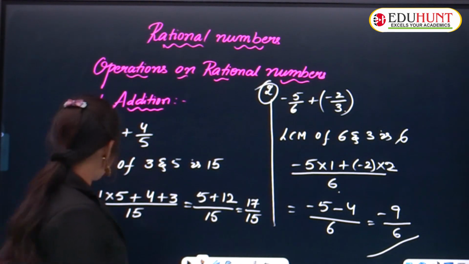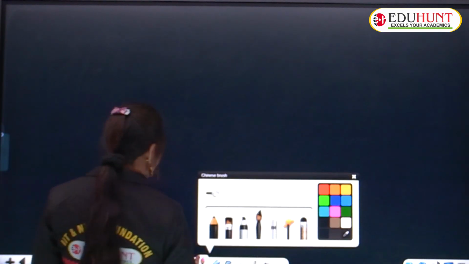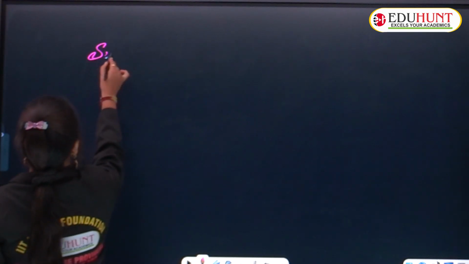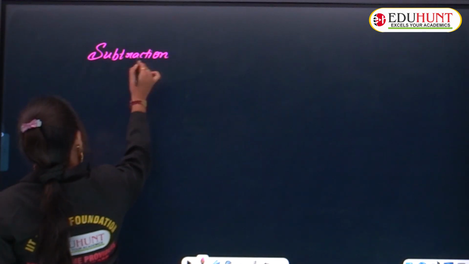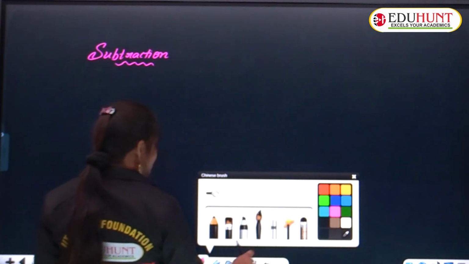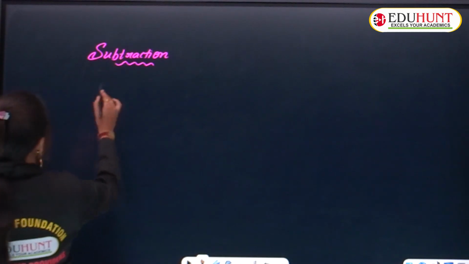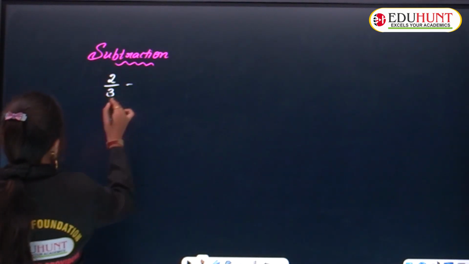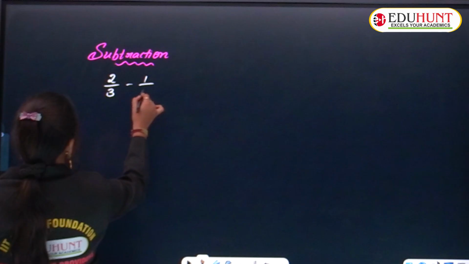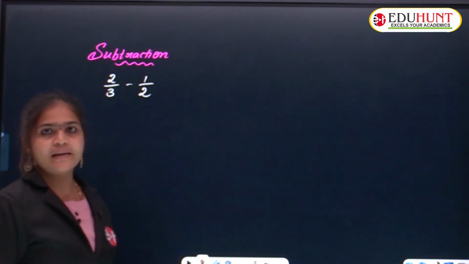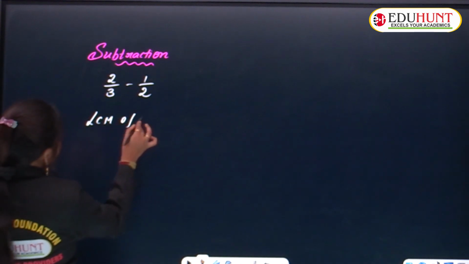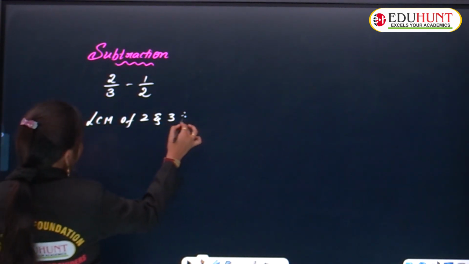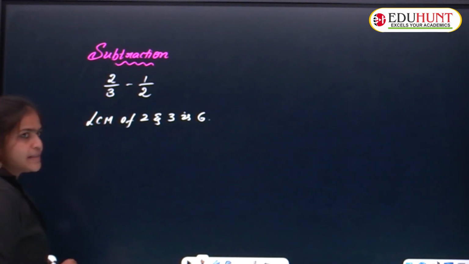Clear? The next fundamental operation is subtraction. How to subtract two positive fractions? 2 by 3 minus 1 by 2. Here again, the LCM of 2 and 3: those two are prime numbers, so the product is 2 threes are 6 only.